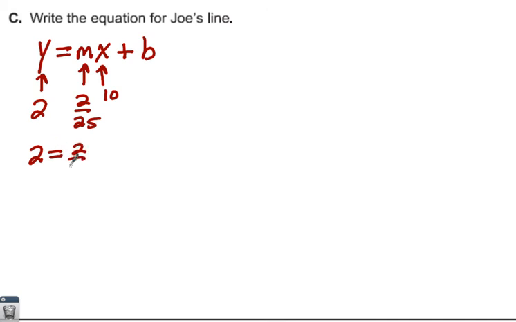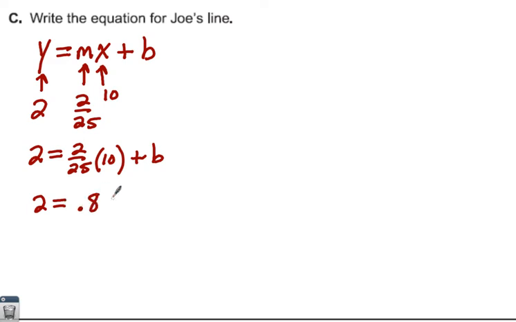So we got 2 equals 2/25 times 10 plus b. We could leave 2/25 times 10 as a fraction, but I think in this case it'll be fine to use a decimal.